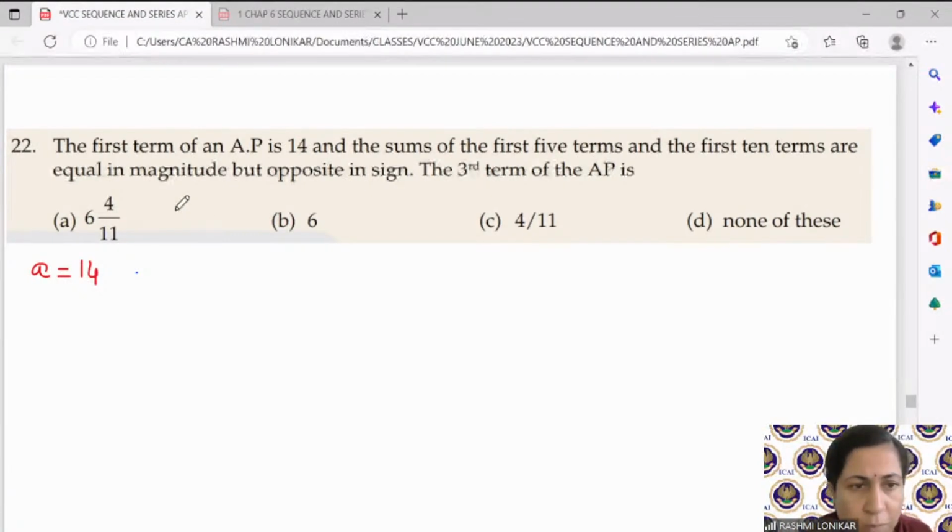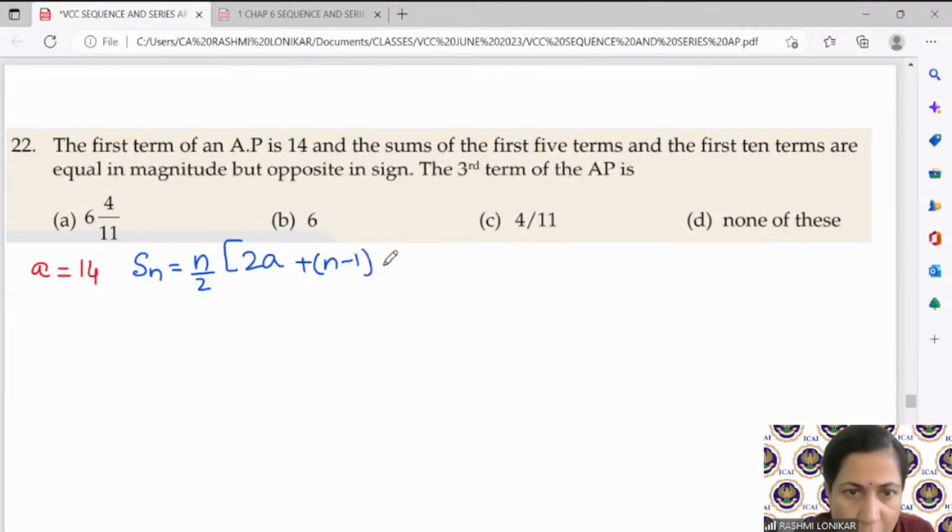I will use the formula for Sn. Sn is equal to n by 2 into twice A plus n minus 1 into D, because we are talking of the sum of terms. They're saying first 5 terms and first 10 terms. So let me see S of 5.